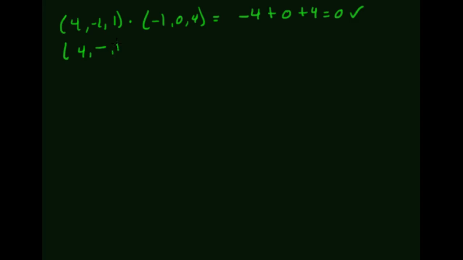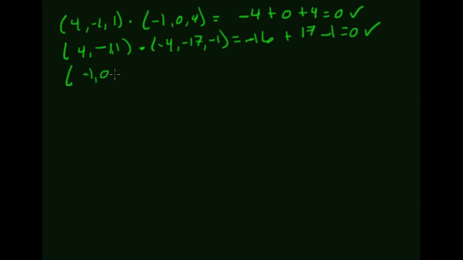Next, 4, negative 1, 1, dotted with negative 4, negative 17, negative 1. That's going to give me negative 16 plus 17 minus 1, which comes out as 0. So those two are orthogonal.